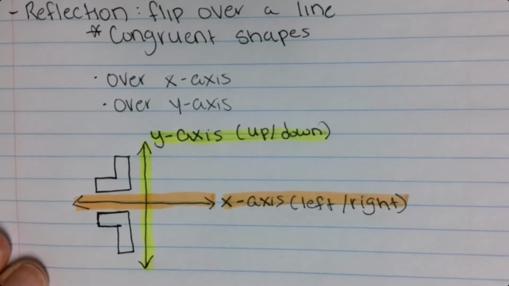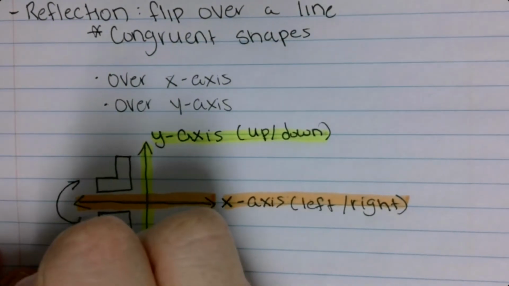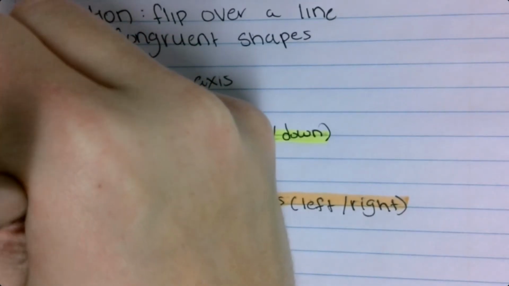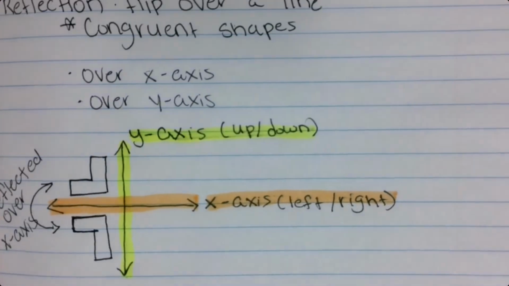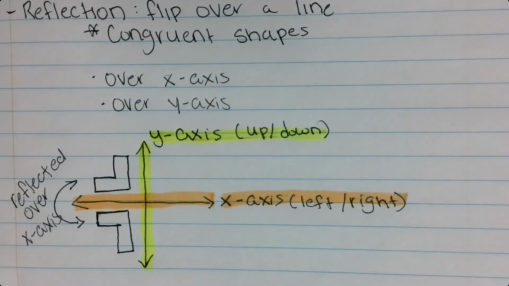That is perfectly fine. Okay? But these shapes right here are reflected over x-axis. So remember, we have to have congruent shapes. They have to be congruent.